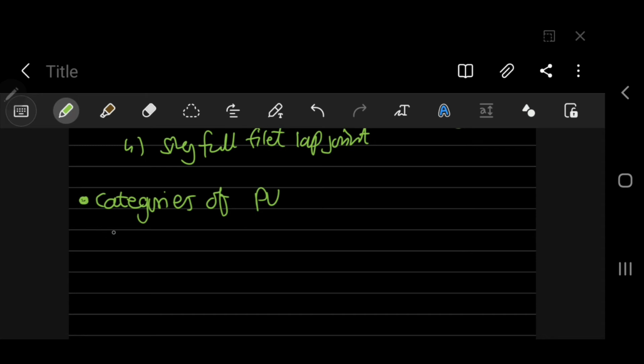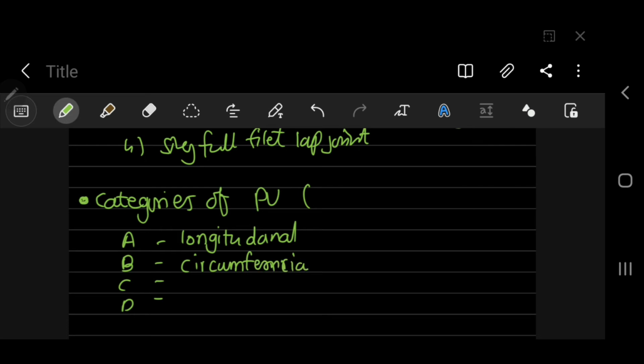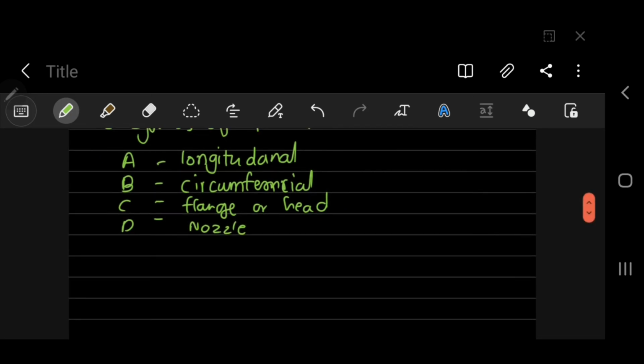Here remember there are mainly 4 categories, that is A, B, C and D. These categories are made by the location of the joint, meaning the location at which the joint is present, and according to that we classify the joint as A, B, C or D. The joint which is along the longitudinal direction is type A. The circumferential joint is type B. The joint used for joining the flange or heads is type C, and the joint for a nozzle is type D.